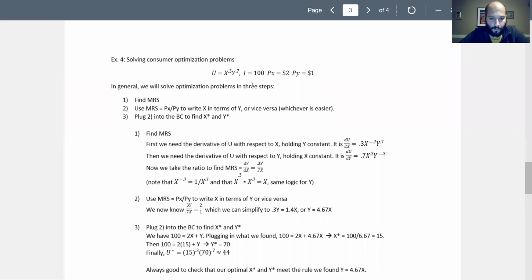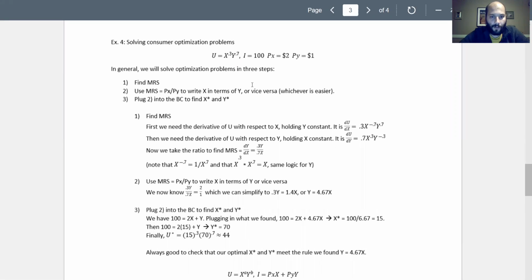So in general, when we solve consumer optimization problems, we want to first find the MRS by taking the marginal utilities, although we're going to note that it changes a little bit, and is a little more simple in the cases of perfect substitutes and complements, as long as you can identify what type of problem you're looking at early.